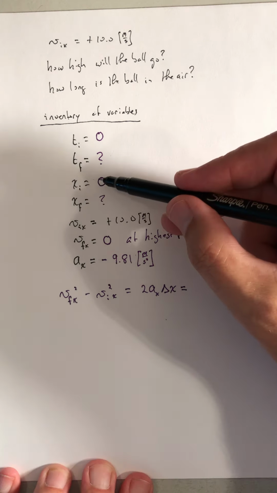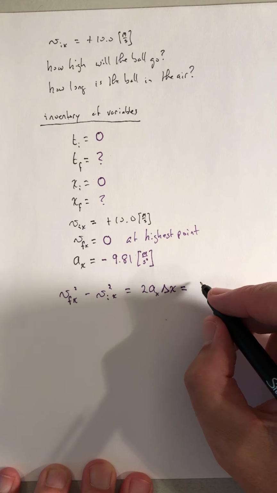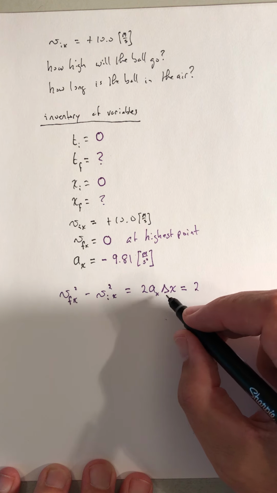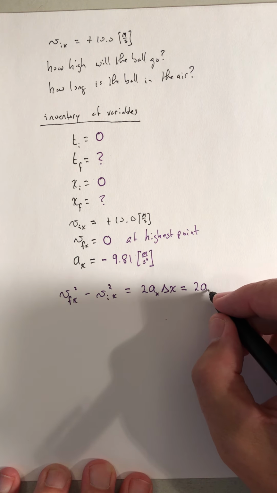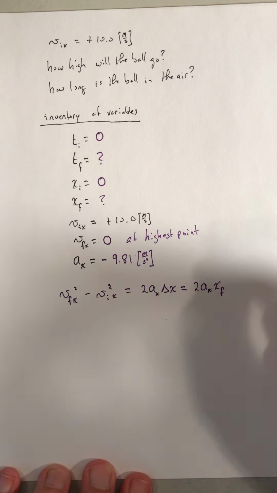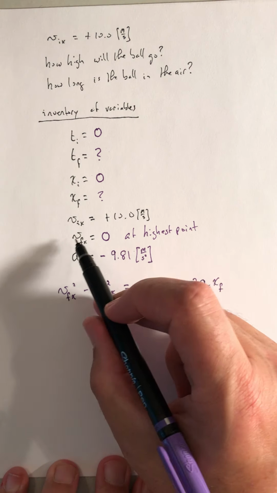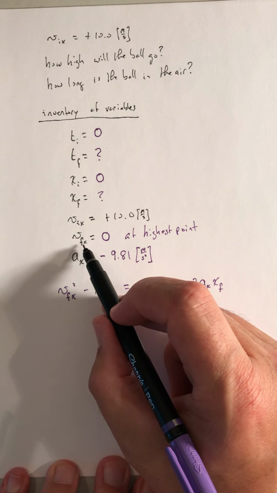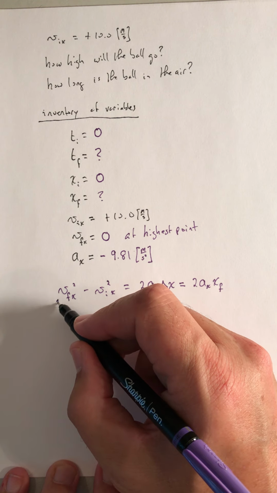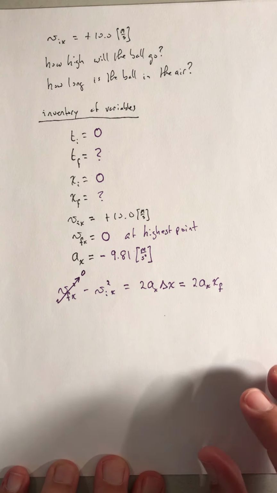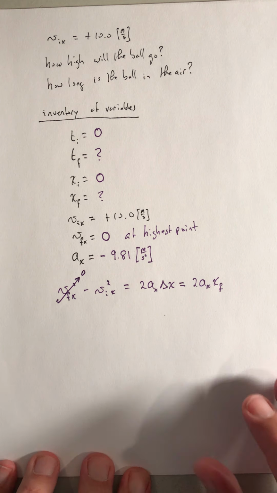I picked x initial to be 0, so delta x is the same as x final. And there's another simplification I can make because I know that v final along the x direction is 0, so I can throw out that term.